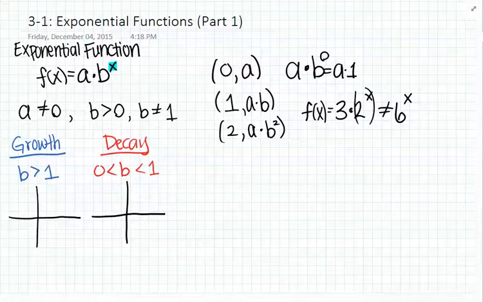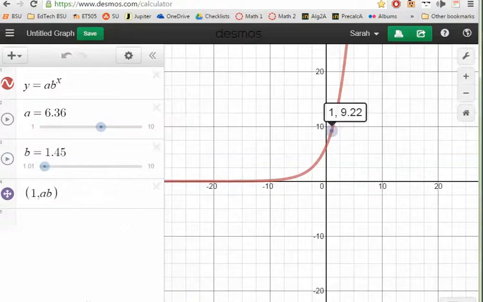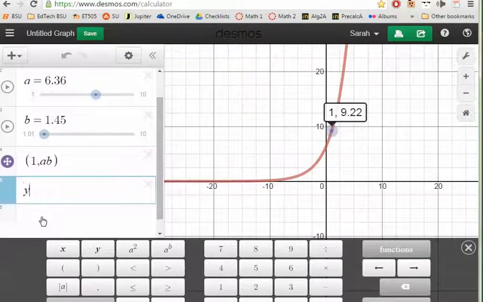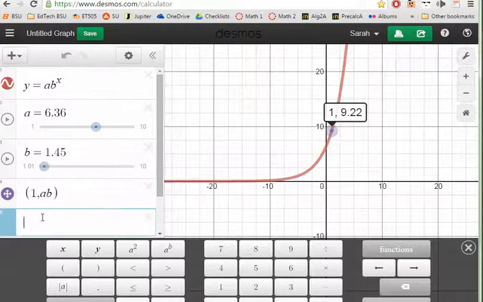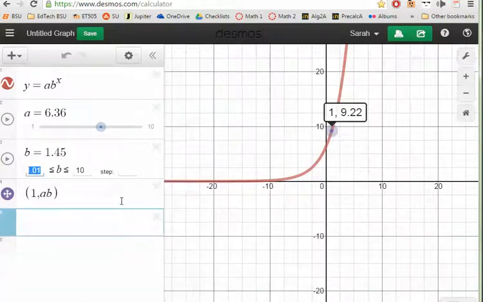I want to compare that to the decay ones. So let's go back and look at a decay one. So maybe for this one, I'm going to change the b value so that it is between 0 and 1. I don't want it to equal 0, so I'm going to make it 0.01 because it forces me to have an equals there.